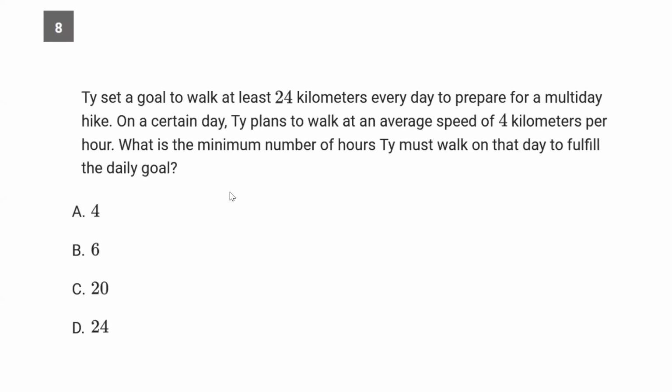Ty set a goal to walk at least 24 kilometers every day to prepare for a multi-day hike. Okay, it's a good distance. That's about 15 miles. On a certain day, Ty plans to walk at an average speed of 4 kilometers per hour. What is the minimum number of hours Ty must walk on that day to fulfill the daily goal? Okay, so distance equals rate times time again. You don't need to write distance equals rate times time.